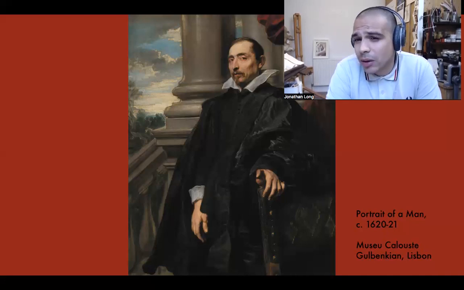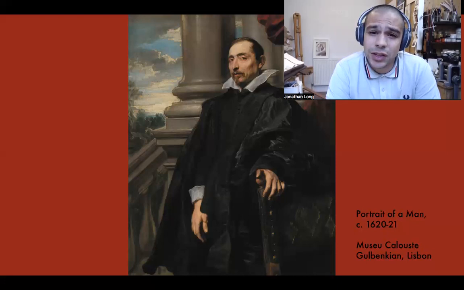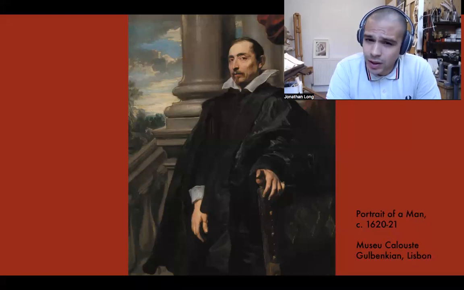Some people even propose that this is actually a portrait from his Genoese period because of the maturity and the handling of the paint. Now, if we're going to talk about the handling of the paint, it would make more sense for us to finish our sketch that we're doing now and take a closer look at the painting, which is what we're going to do now.